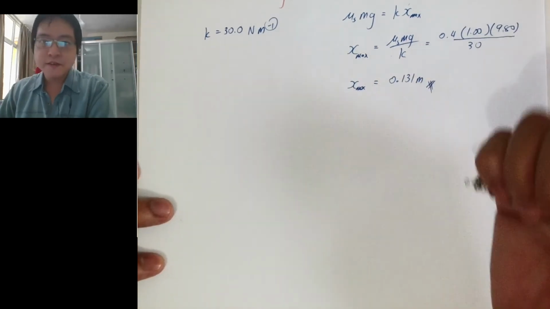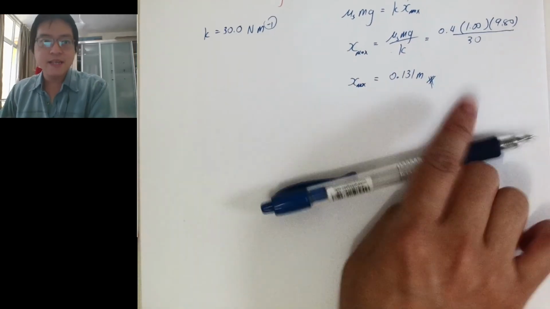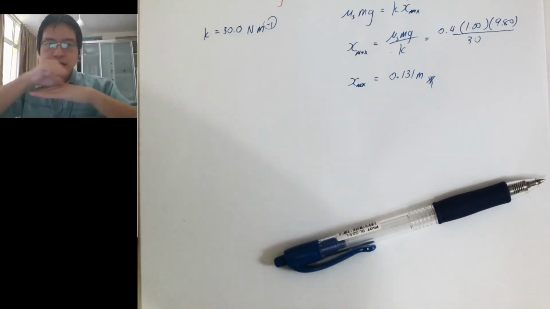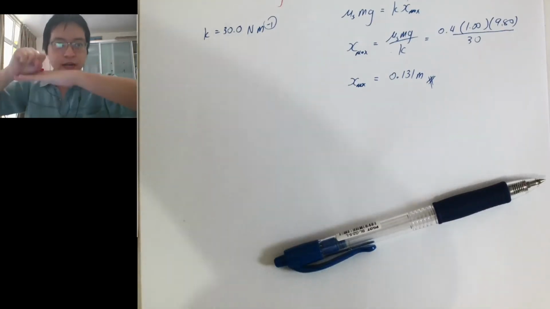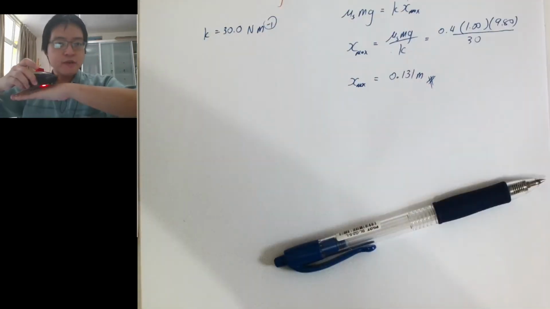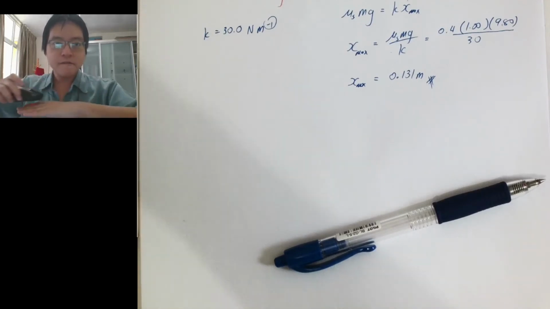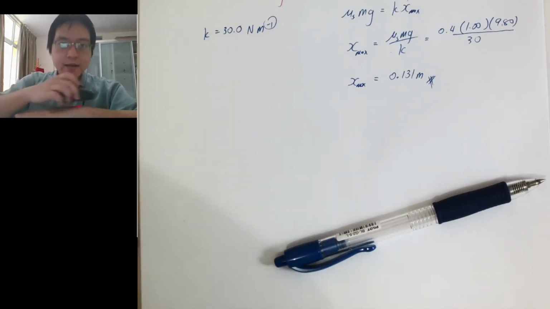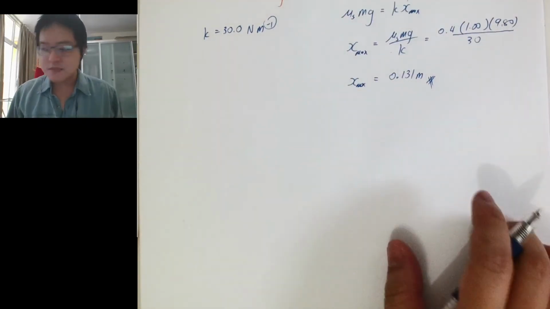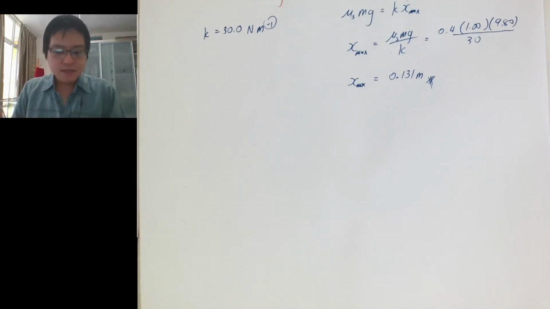For static friction, the main defining property is that everything sticks to the surface, so there's no relative motion. Kinetic friction is the situation where there is relative motion. That means your object is sliding over the surface, scraping the surface, or slipping on the surface. Sometimes you see these types of words. That means there is kinetic friction.